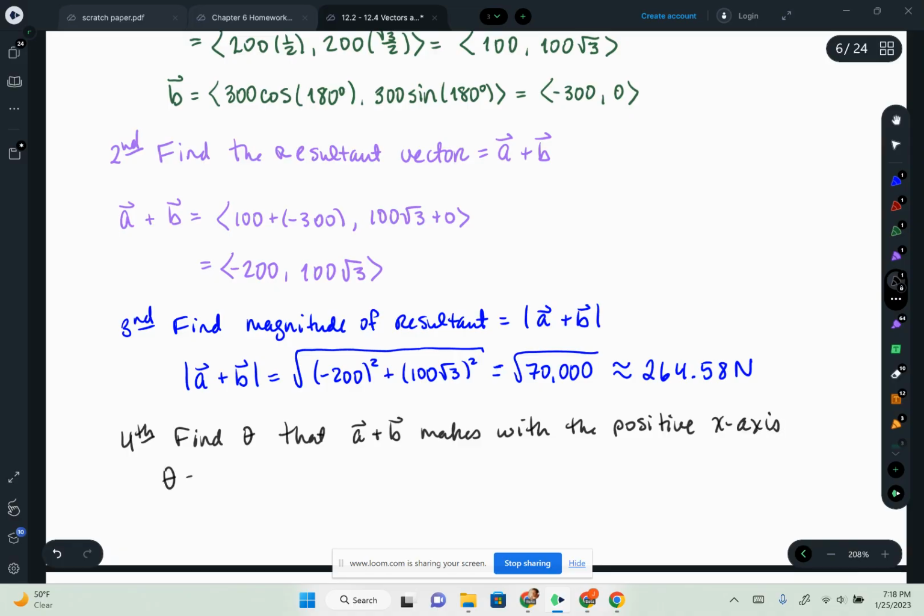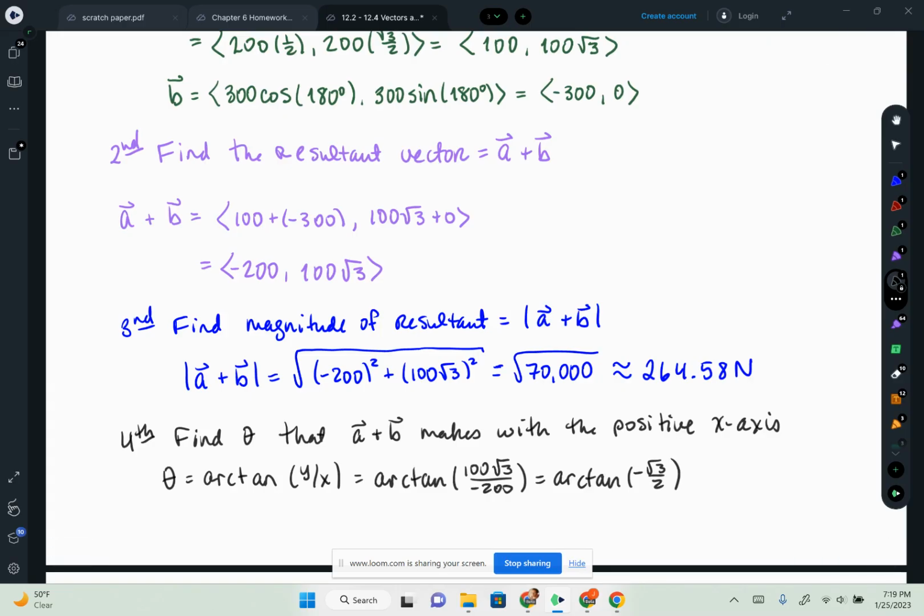Well, remember, theta is equal to the arctan of y over x. So I'm going to plug in those y and x values from my components of A plus B. That's going to give me arctan of 100 root 3 over negative 200, which simplifies to arctan of negative root 3 over 2.